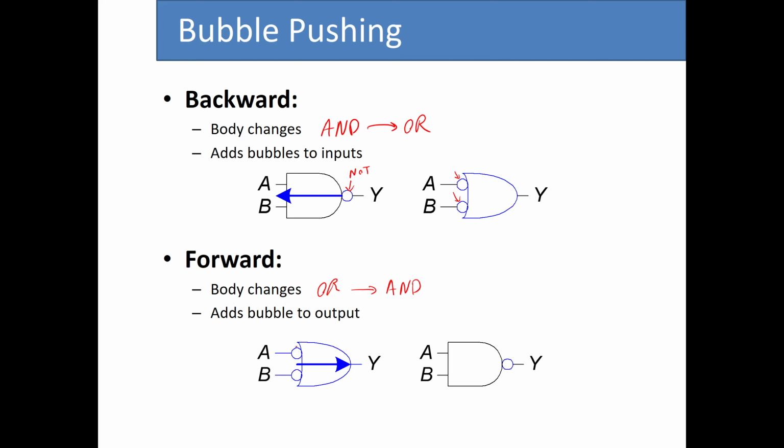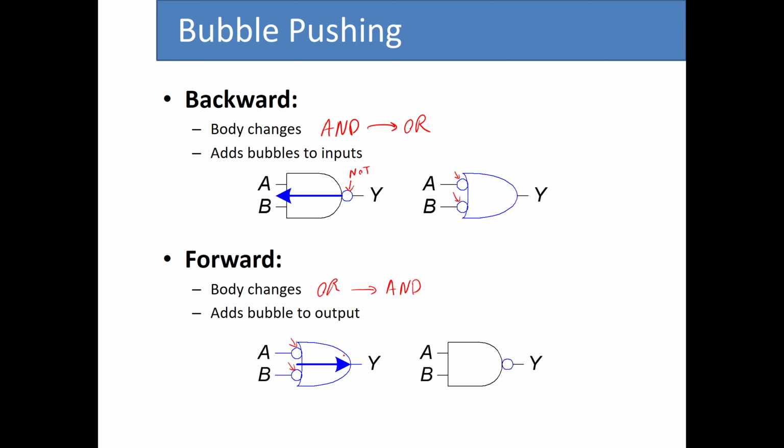Here you can see this is the complete opposite of what we saw before. Here we had an AND gate, we changed it to an OR gate with bubbles for the inputs, and here we have an OR gate with bubbles for the inputs, and we changed it to an AND gate.